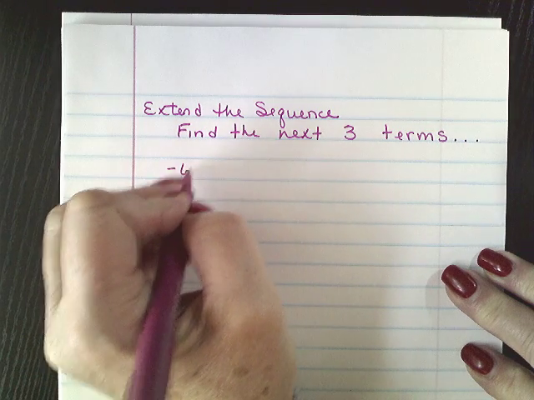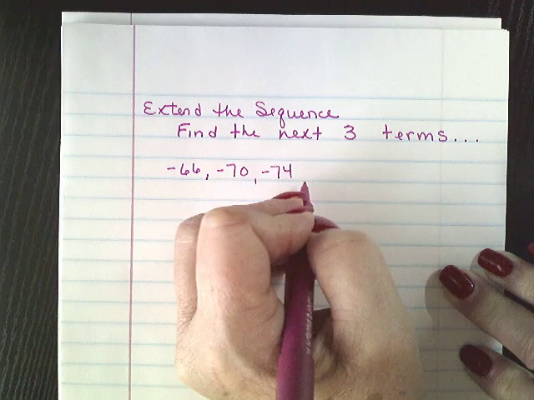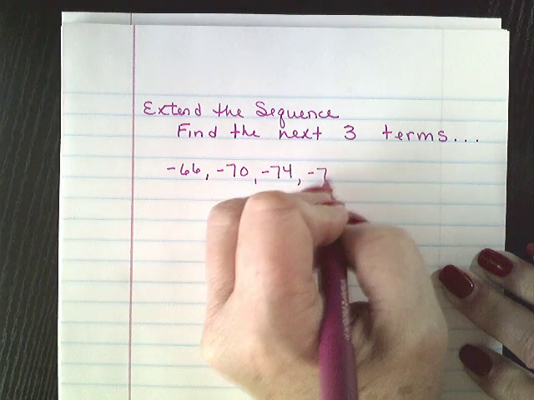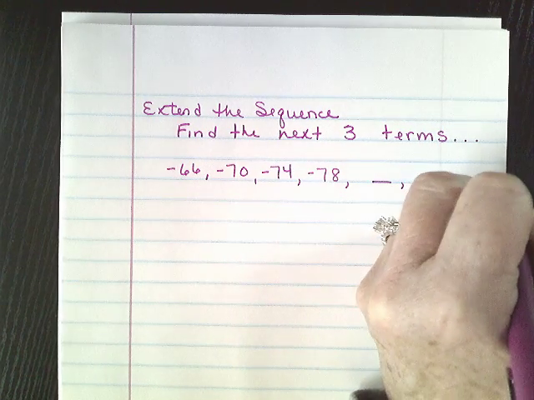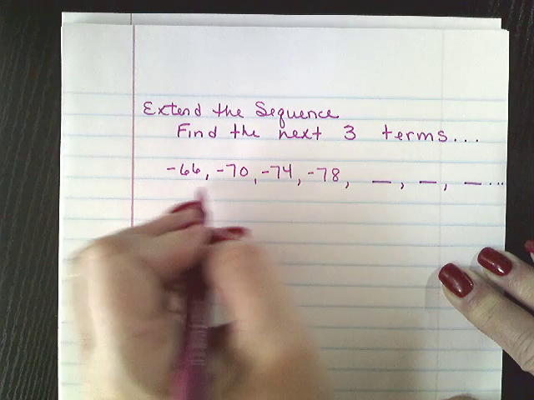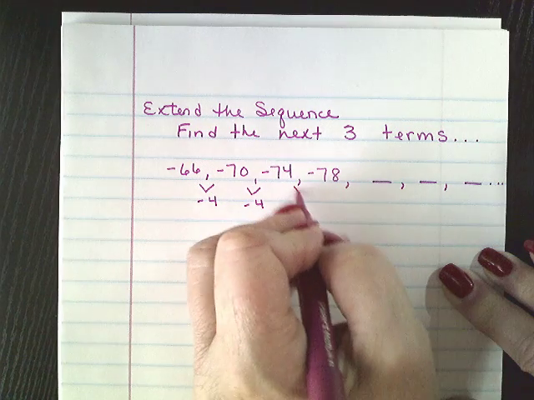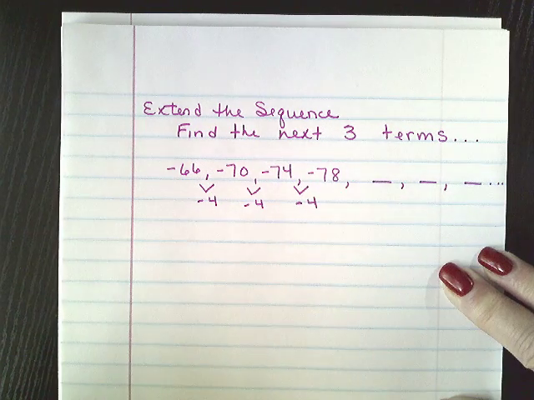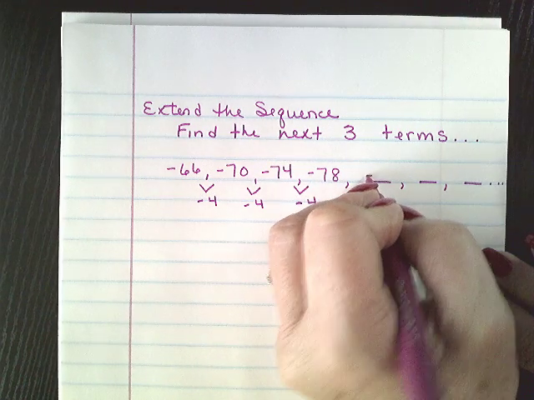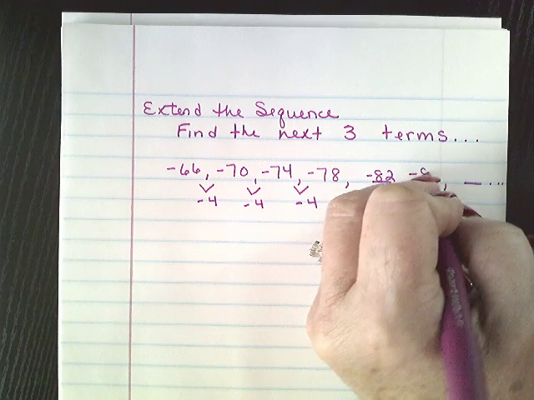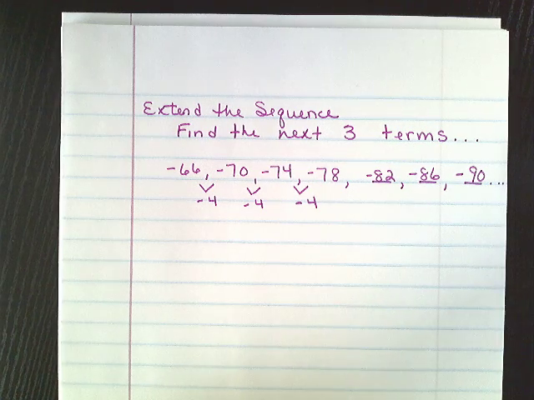So we would have negative 66, negative 70, negative 74, negative 78. What would be the next 3 terms? Find the common difference first. So that would be minus 4, minus 4, minus 4. So the common difference is negative 4. Negative 78 minus 4 gives you negative 82, negative 86, and negative 90. Those would be the next 3 terms.